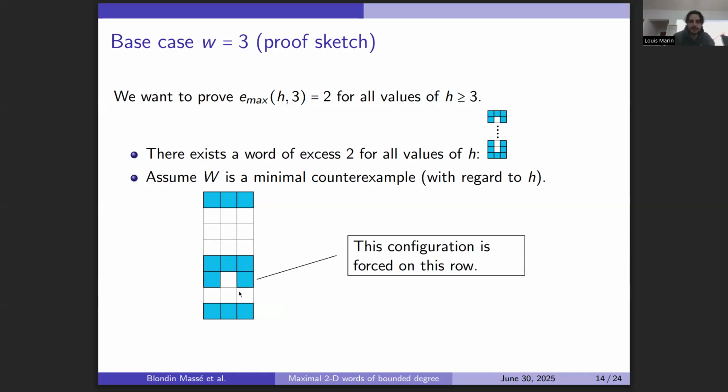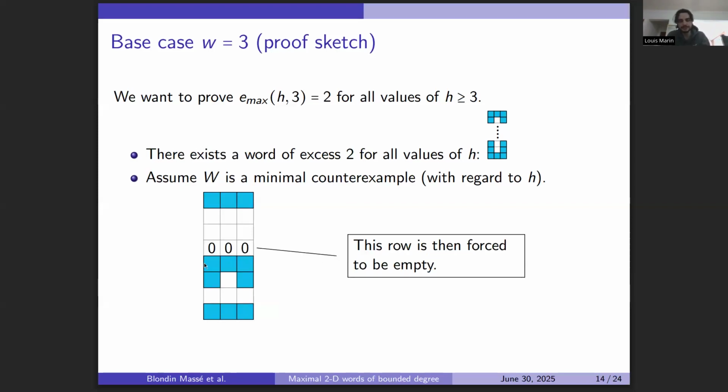But once we have this configuration, in our project we call this configuration a bench. And why are they important? Because when you have a long strip of occupied cells with cells at both ends, that means that on the top of the bench, all of those cells cannot be occupied.